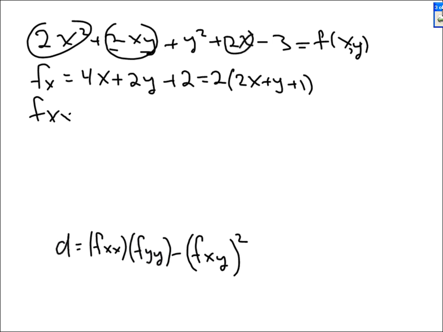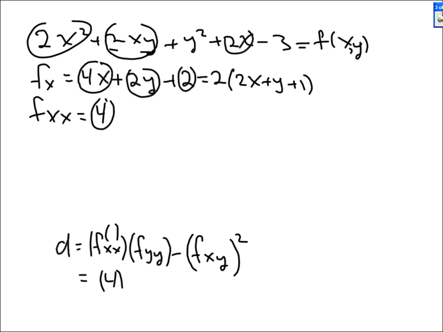And while we're at it, let's do f sub xx. Partial of that is 4. These partials are both 0. So we have one of the answers, 4. It's at the critical value, but it's a constant. Even if I knew the critical values, this is still 4.